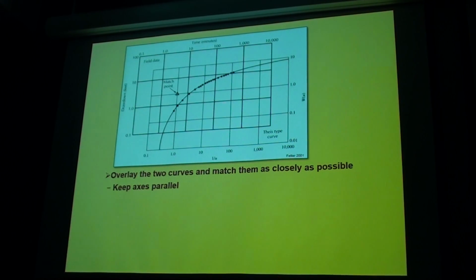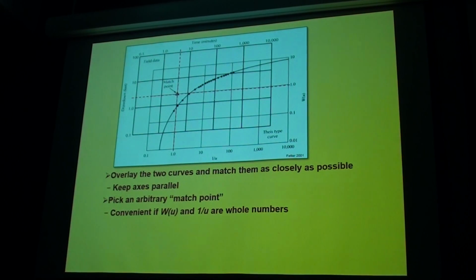So what you do is you line the two up, make sure to keep the axes parallel. Then you pick an arbitrary match point, at any point on the graph. It doesn't matter, you can stick a pin in there or whatever, make a point. And you can see from that point, you can get a horizontal line that intersects the drawdown axis at a particular value and intersects the W(u) axis at a particular value, and a vertical line that intersects the time axis at a particular value and intersects the 1/u axis at a particular value.